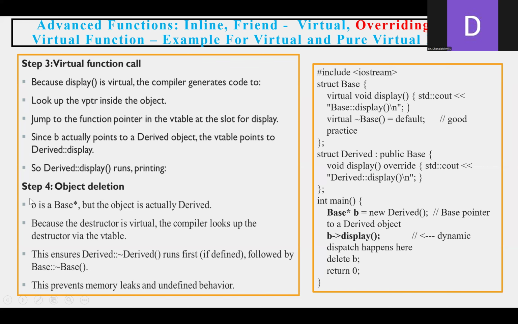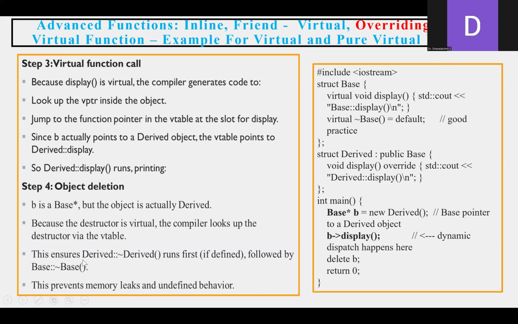Coming to the object deletion, b is a base pointer, but the object is actually derived. Because the destructor is virtual, the compiler looks up the destructor via the virtual table.